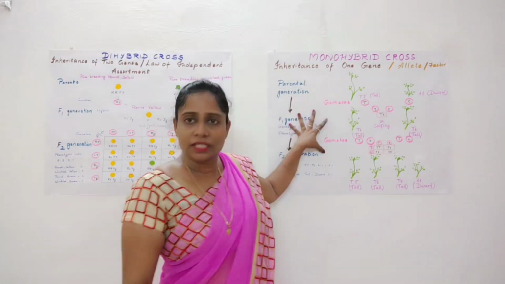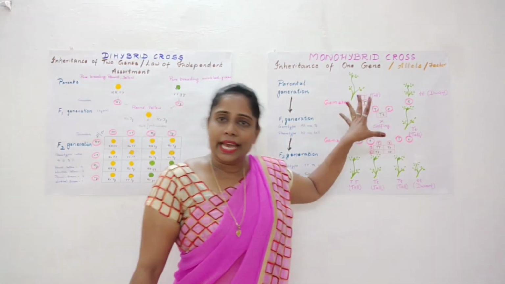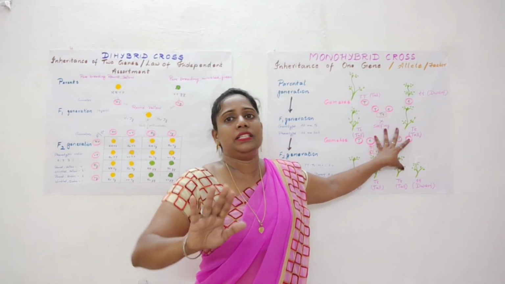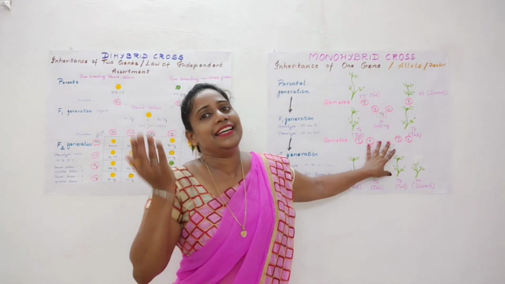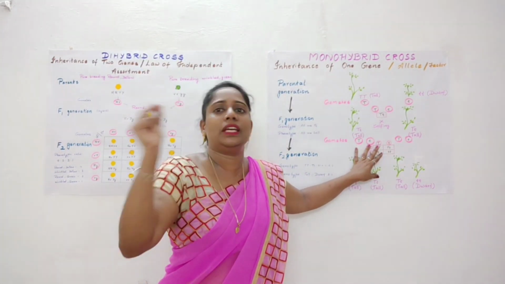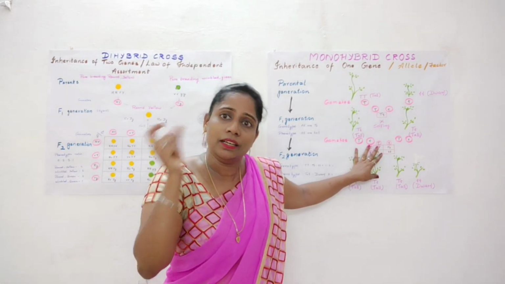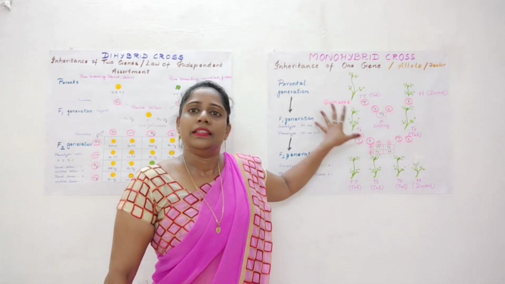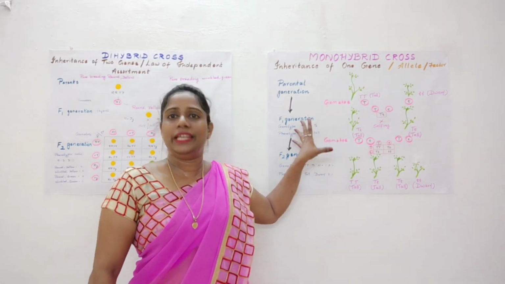In the first filial generation, the character which is expressed is called dominant and that which is not expressed is called recessive, which will be expressed if given a chance to combine with another recessive allele in future generations. Clear, children? This is the first law of inheritance.